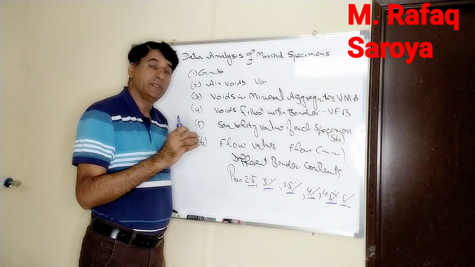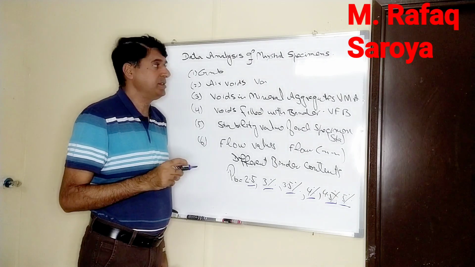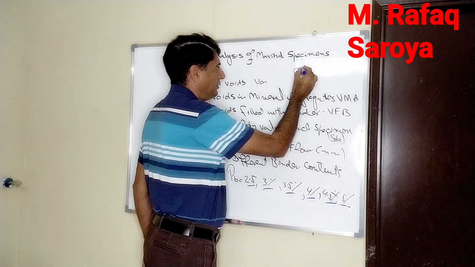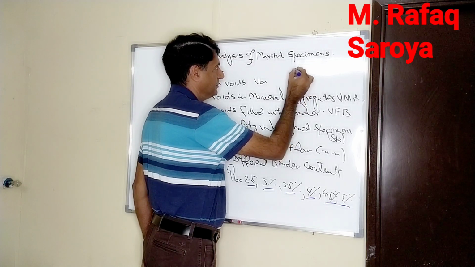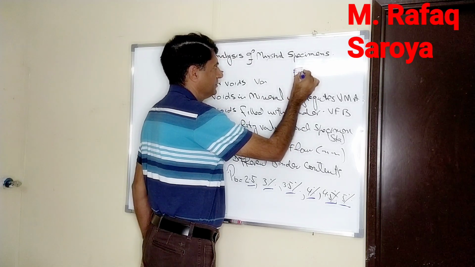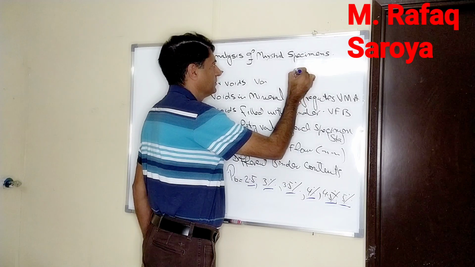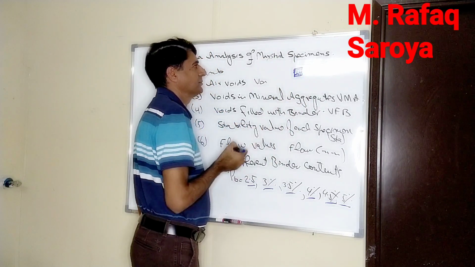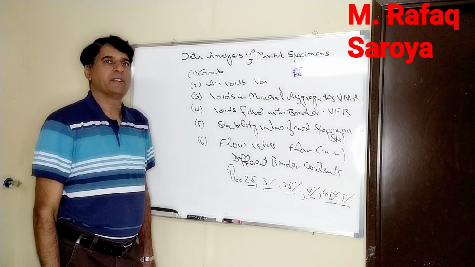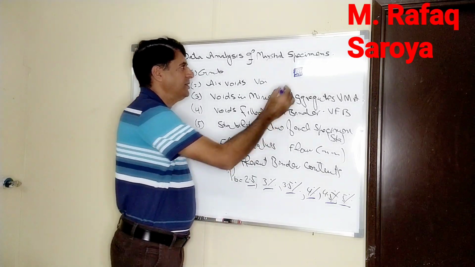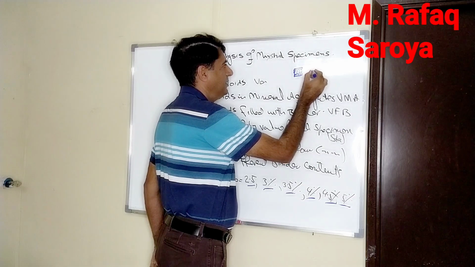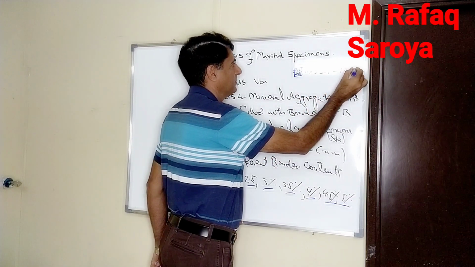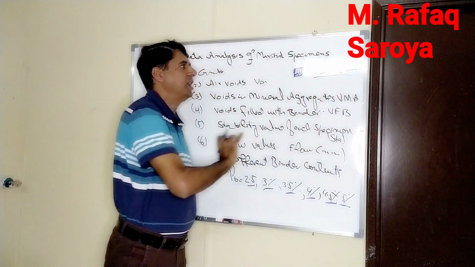And with these Marshall specimens, let us suppose it is of this form. The other surface is like this one. This is our Marshall specimen, and its thickness is 63.5 plus or minus 1.27 millimeter, because this is as per AASHTO MS-2.